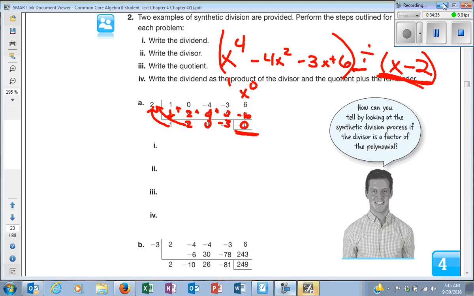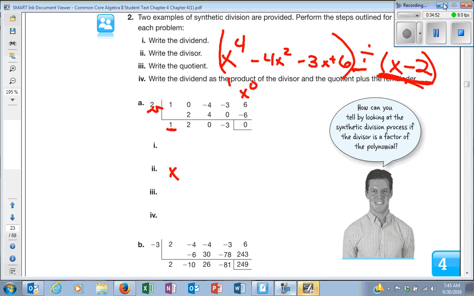Look right here. How many times does this go into that? What did I tell you this becomes? 1 less than the highest power. Are you with me? What was my highest power?